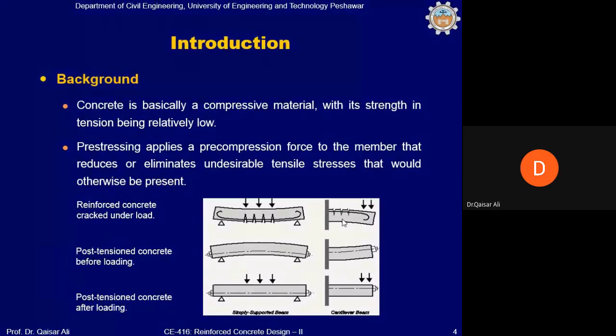Okay, now if we can devise a mechanism through which we can, for example, apply a pre-compression force on the tension side before the application of the load. If before the application of the load, the beam on the tension side is pre-compressed by some mechanism, let's say a steel wire is passed through the formwork, and then the steel wire is anchored on one side and stretched on the other side, and then it is kept in the stretched position.